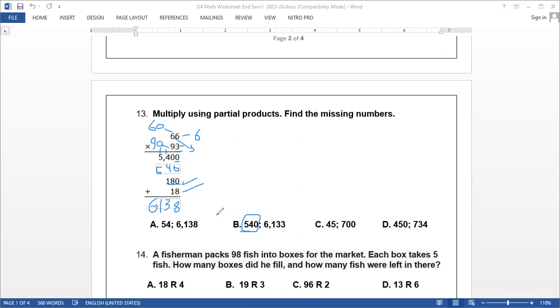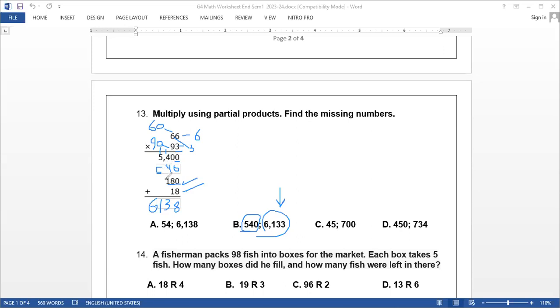Now, when we add them, let's make sure this is the answer. Let me make sure of this. I think there's a mistake. 0 plus 0 plus 0 plus 0 plus 8, 8. 0 plus 4 plus 8 plus 1. 4 plus 8, 12 plus 1, 13. 1 plus 4 plus 5 equals 10.